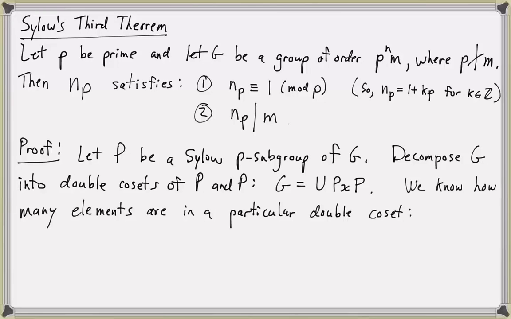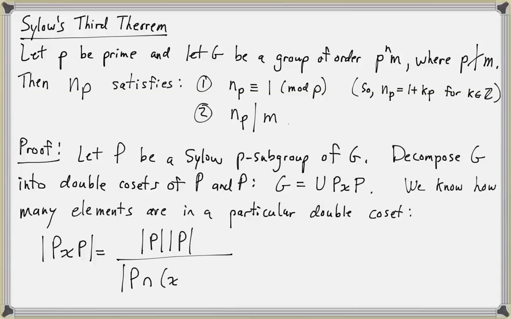The order of the double coset PxP equals the order of P times the order of P, all divided by the order of P intersect xPx inverse.